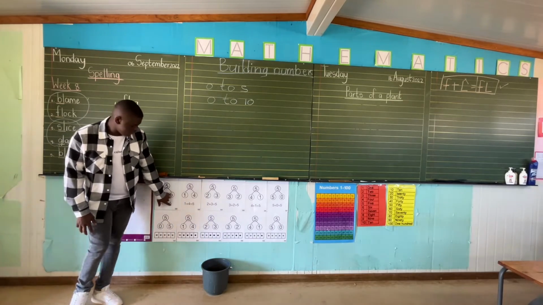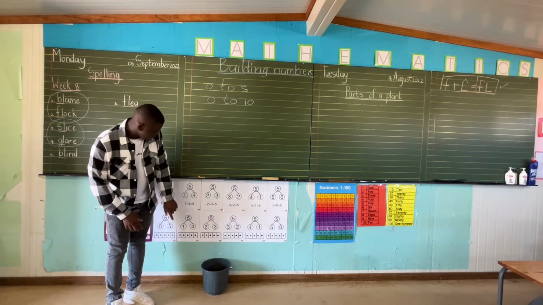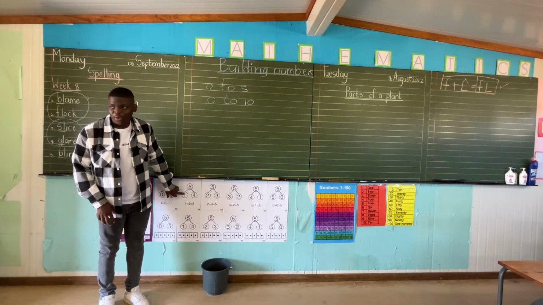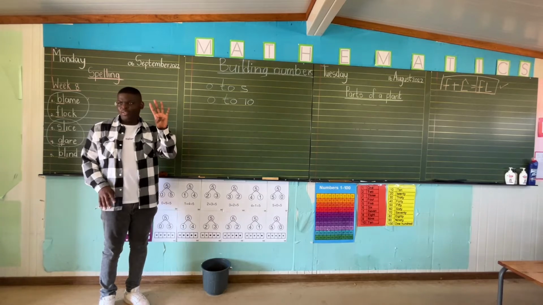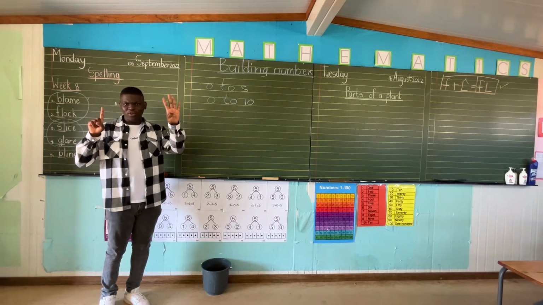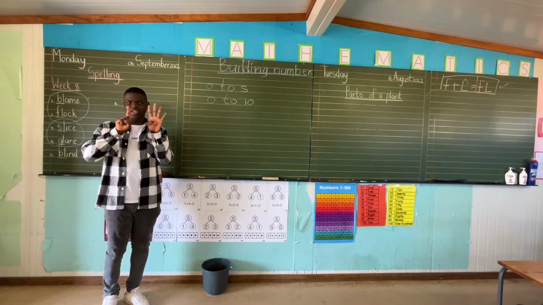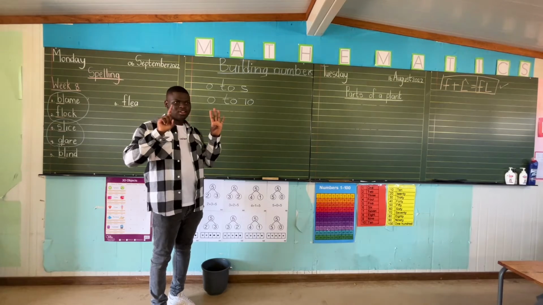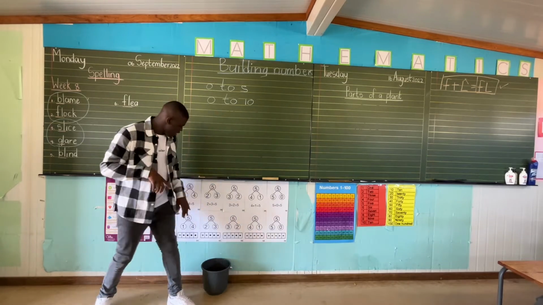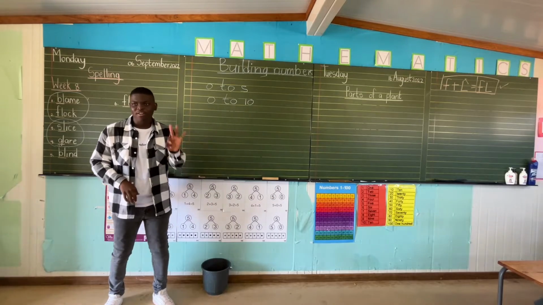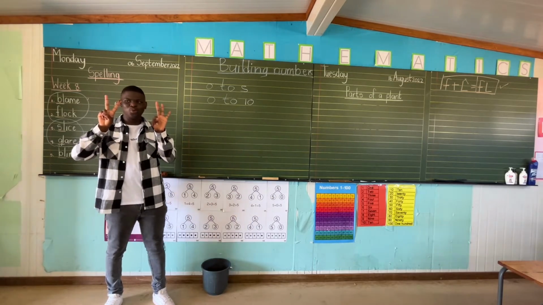We get 5. Another number pair that we have is 4 and 1. When we bring 4 together with 1 and count them, what do we get? Yes, we get 5. The other one that we have is 3 and 2.